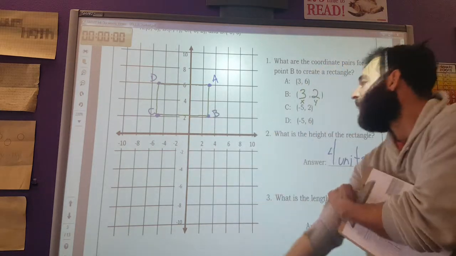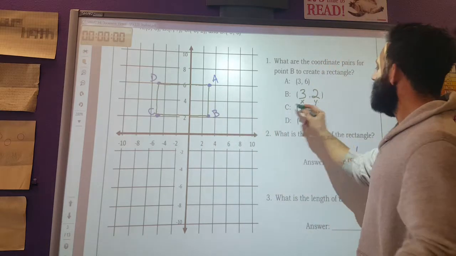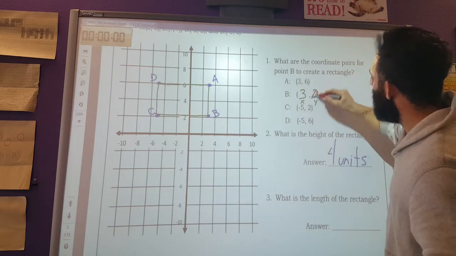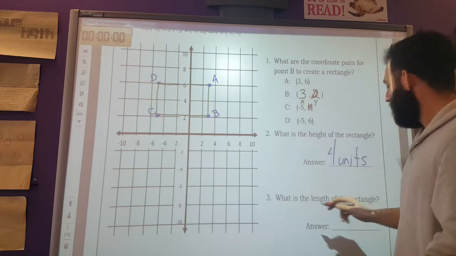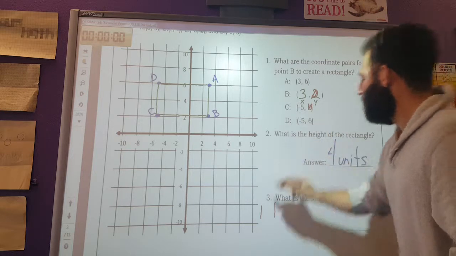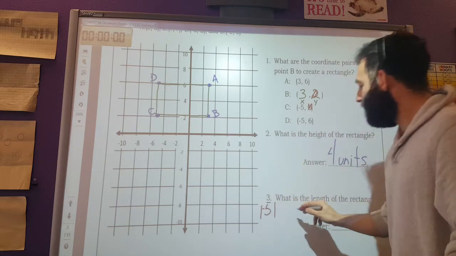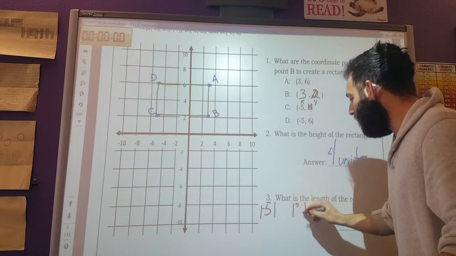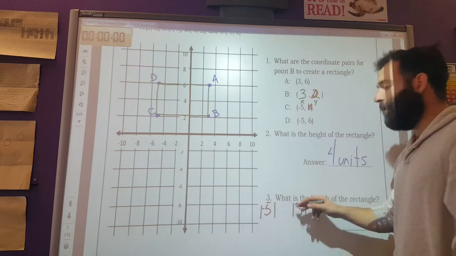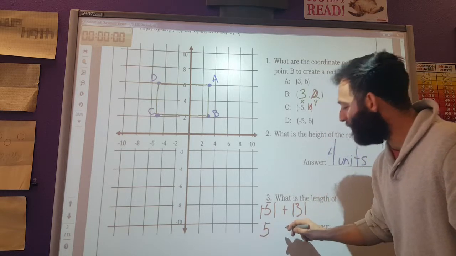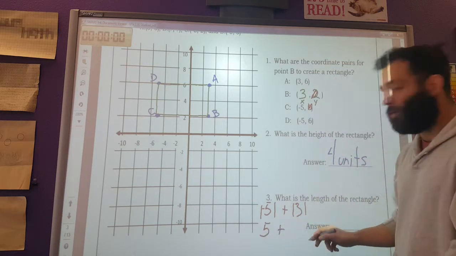B. So for points C and B, I see that I have 2s in common, so I'm going to ignore those for a second. And I'm going to find the absolute value of -5 and the absolute value of 3. Now, if the signs are different, that means I add. The absolute value of -5 is 5. That's 5 units away from 0.